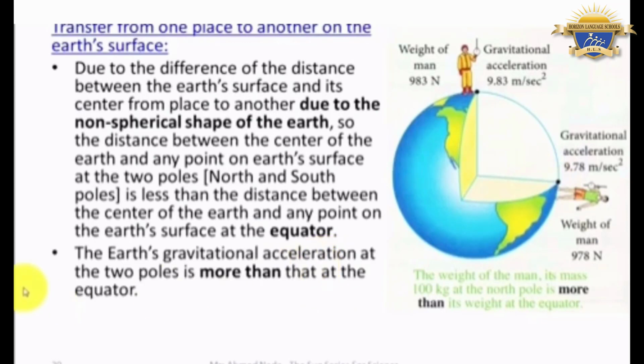It is 983 at the North Pole and 978 at the equator, sorry. The Earth's gravitational acceleration at the two poles is more than at the equator. And this is the same result as the first factor.